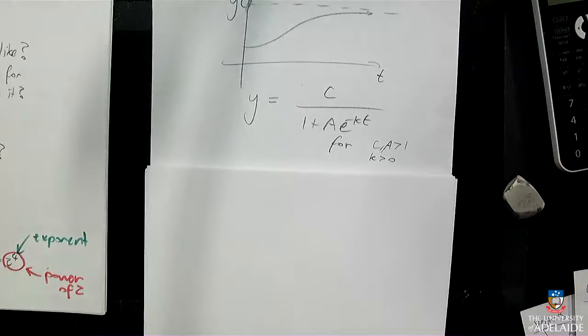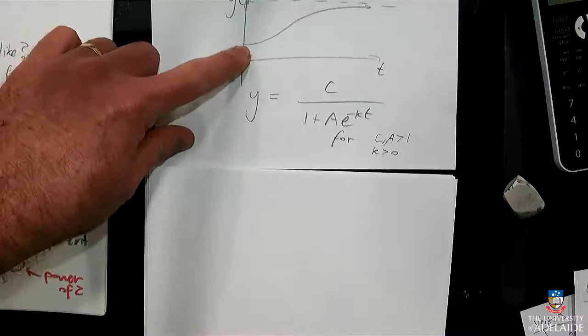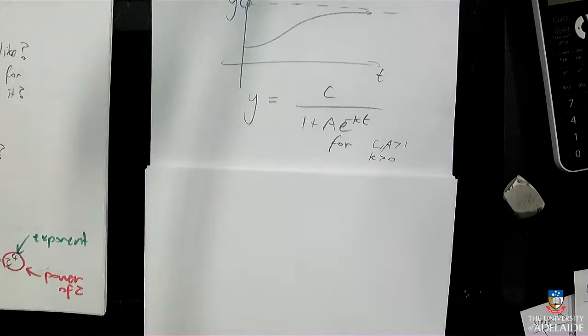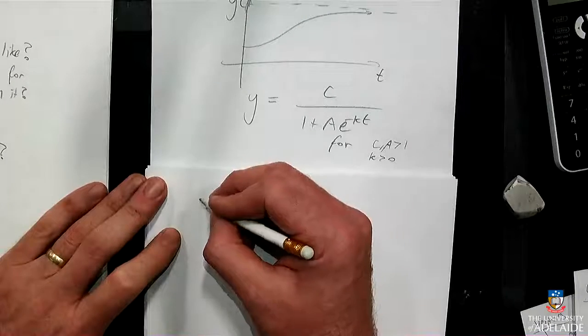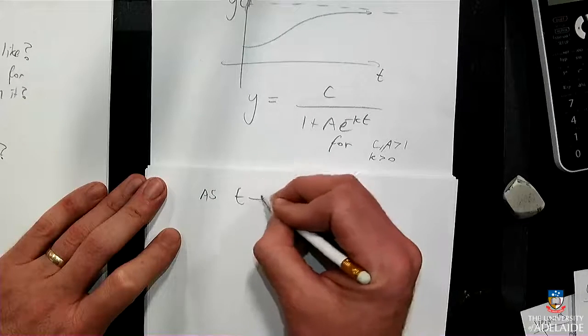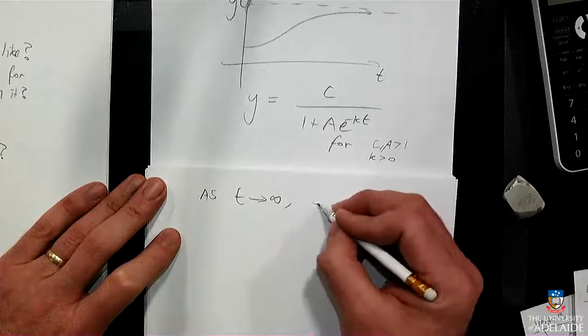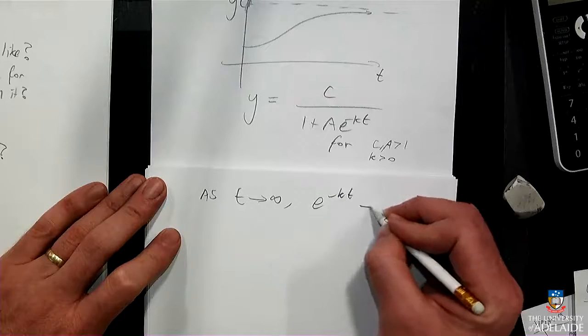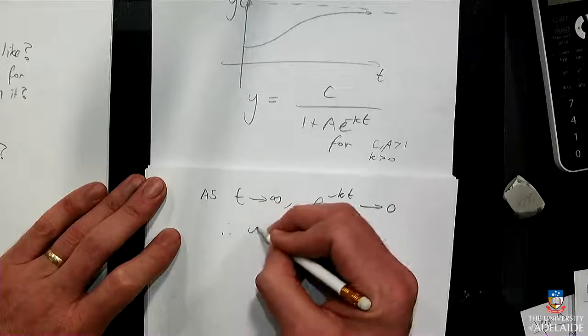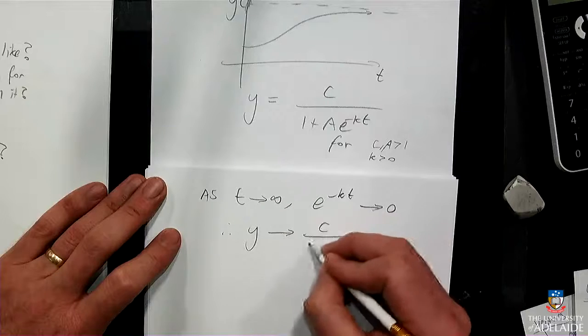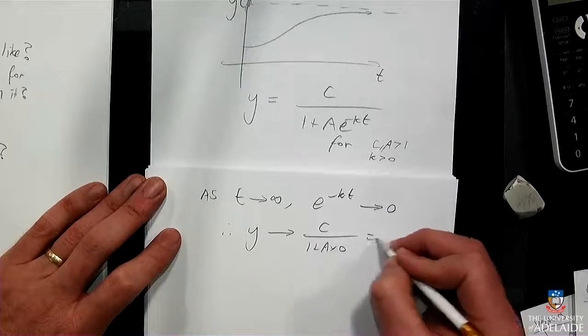So when t is equal to 0, you get C over 1 plus A, which is what you get at this spot here. And when t is extremely large, as t goes towards infinity, e to the minus kt goes to 0, and so therefore y goes to C over 1 plus A times 0, which is C.